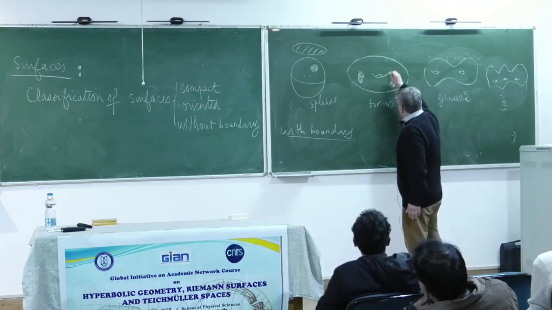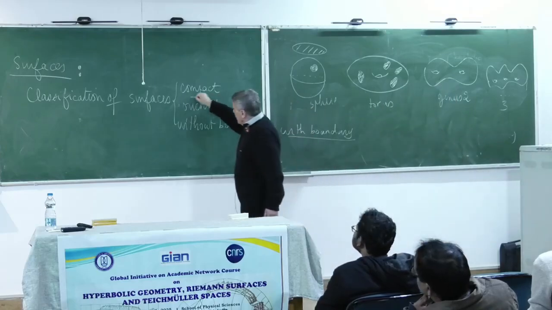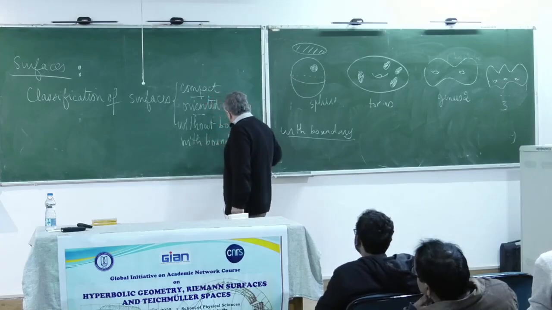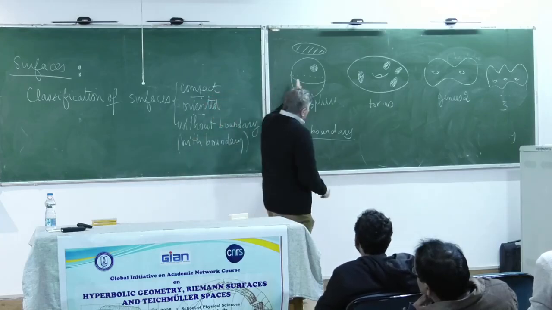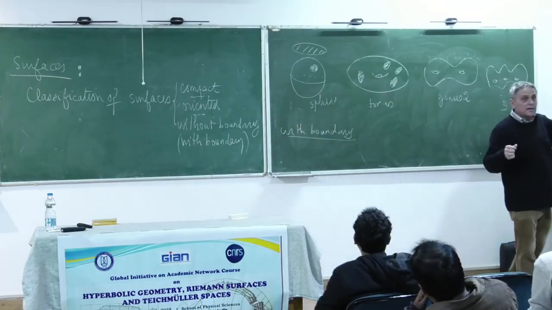I can remove 2 disks, 3 disks, 4 disks. So now you know what a compact oriented surface with boundary is. It's obtained from one of these surfaces by removing a certain number of disks.